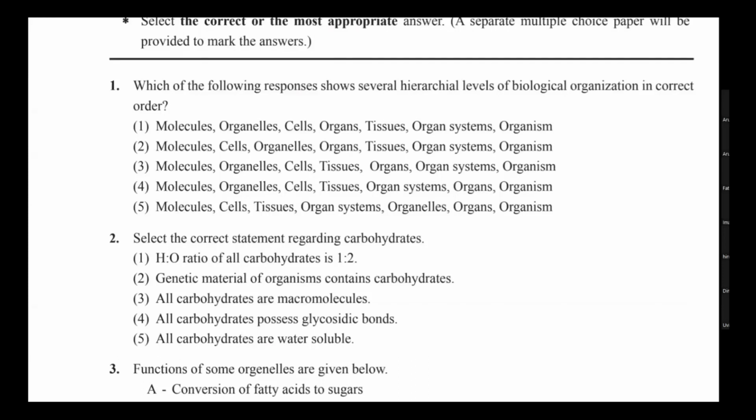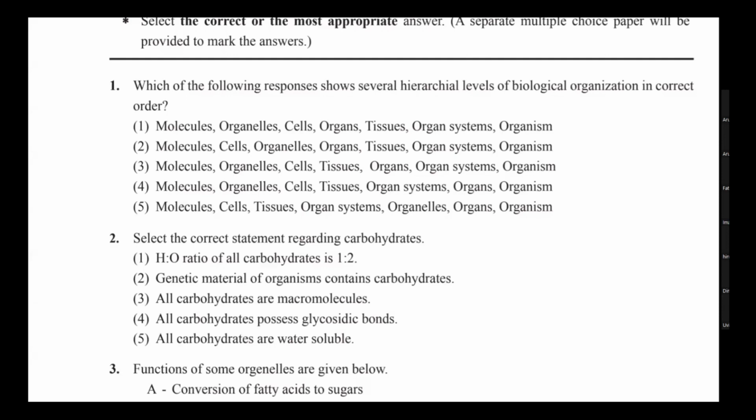Question number 1. Which of the following responses shows several hierarchical levels of biological organization in correct order? This is a very simple question, right? Molecules get together collectively and form organelles. Organelles collectively form cells.